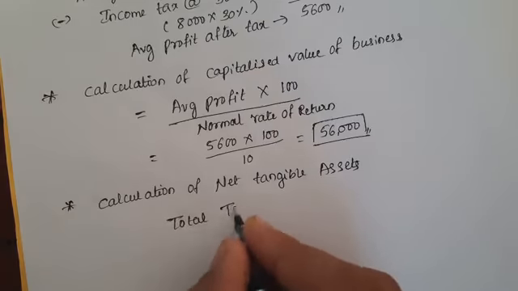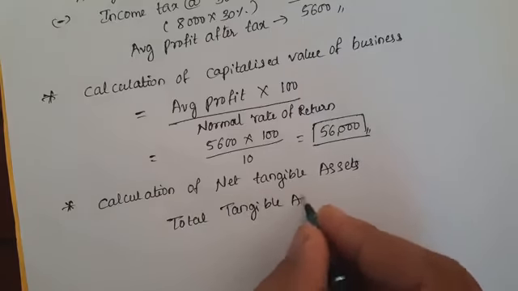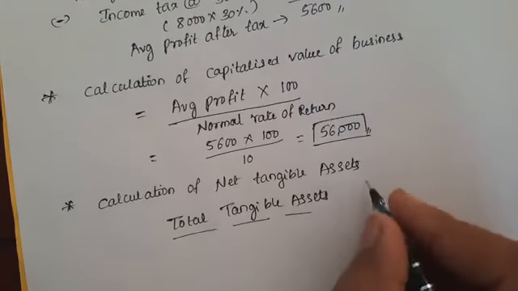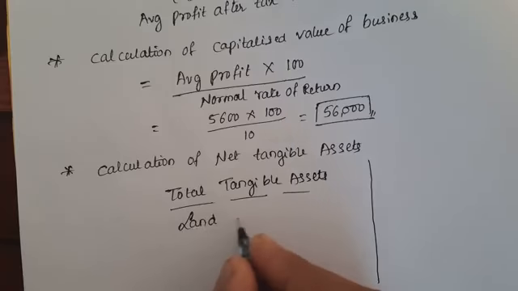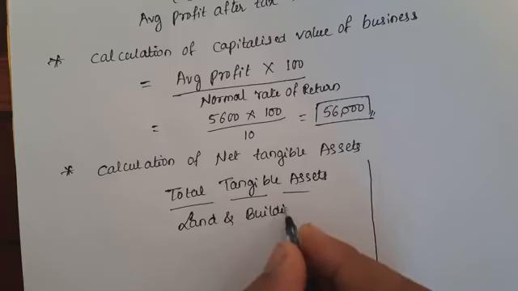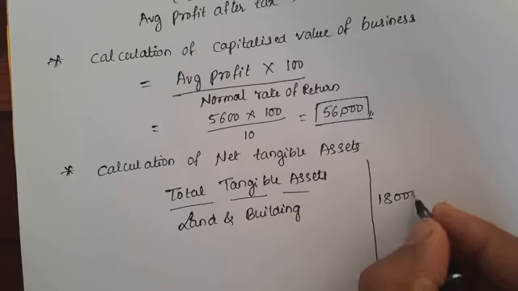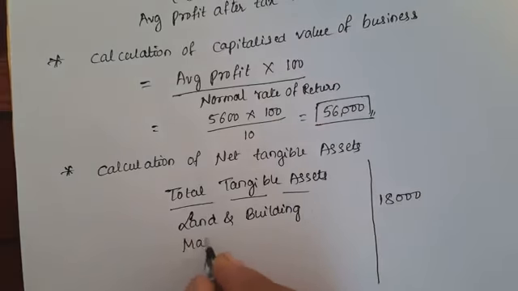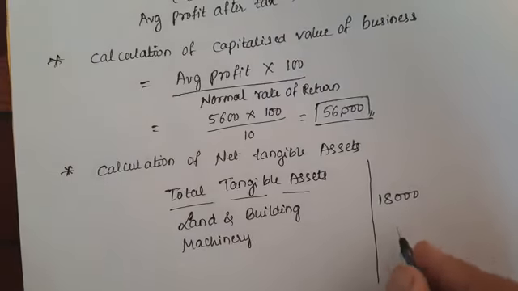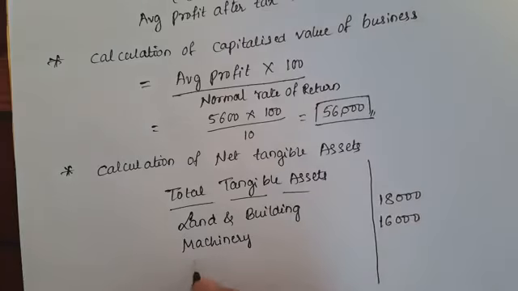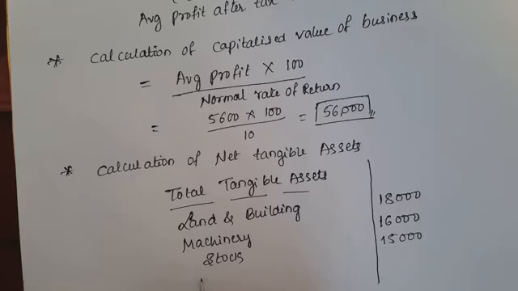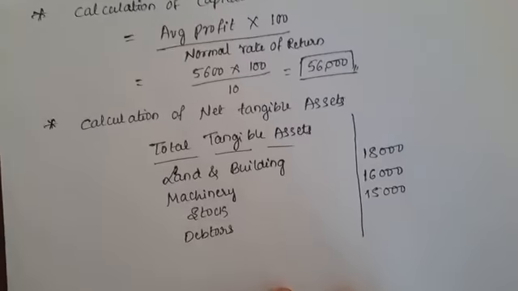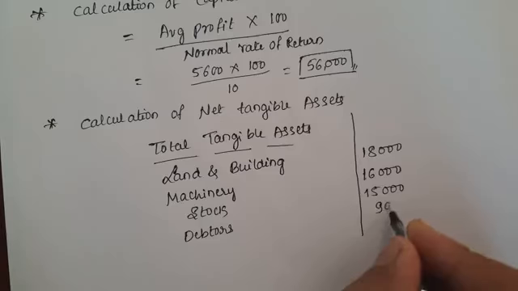Total tangible assets, taking one by one: land and building 18,000, machinery 16,000, stock 15,000, then debtors 9,000.